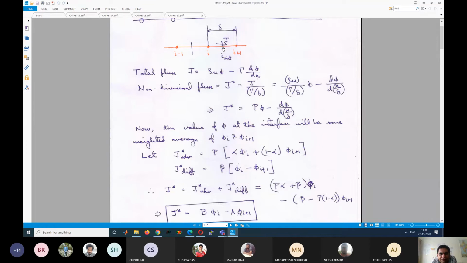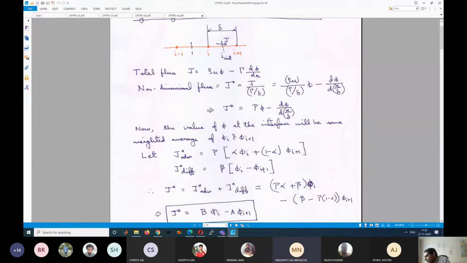So I can write the same equation now. What will be the flux? If I discretize with this new coordinate system, the flux is always in the direction of the coordinate system. So the flux in this direction, J star, can be written as some new B into phi I plus 1.